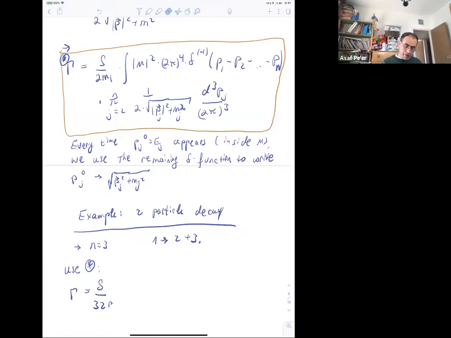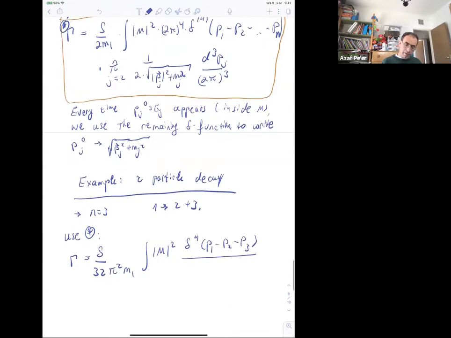So we end up with pi squared m1, and then we have integral of M squared delta 4 of p1 minus p2 minus p3 divided by, so it's a multiplication, so it's square root of p2 squared plus m2 squared times square root of p3 squared plus m3 squared, d cubed p2 d cubed p3.